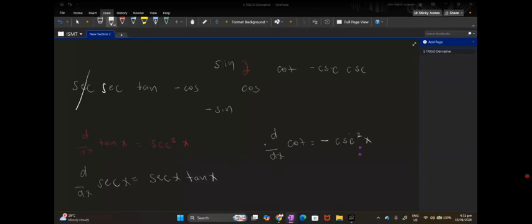We want to get the derivative of cosecant. So, matitira sa'yo, negative cosecant x.